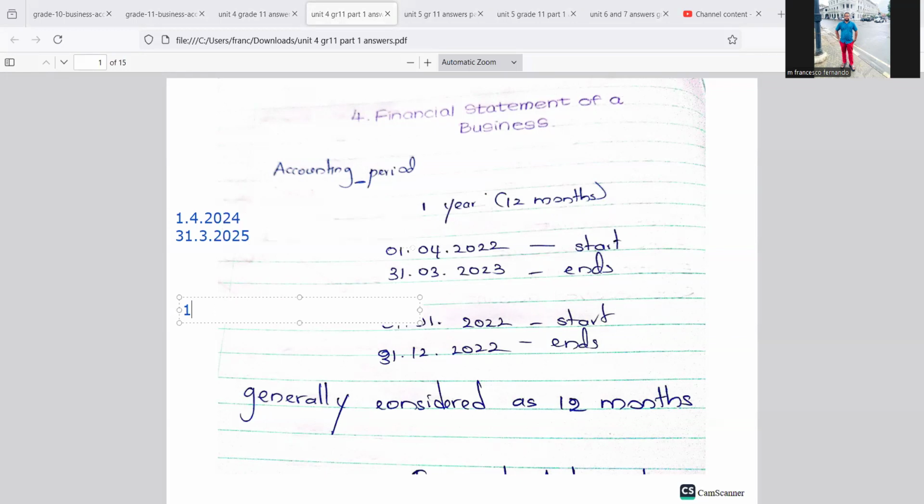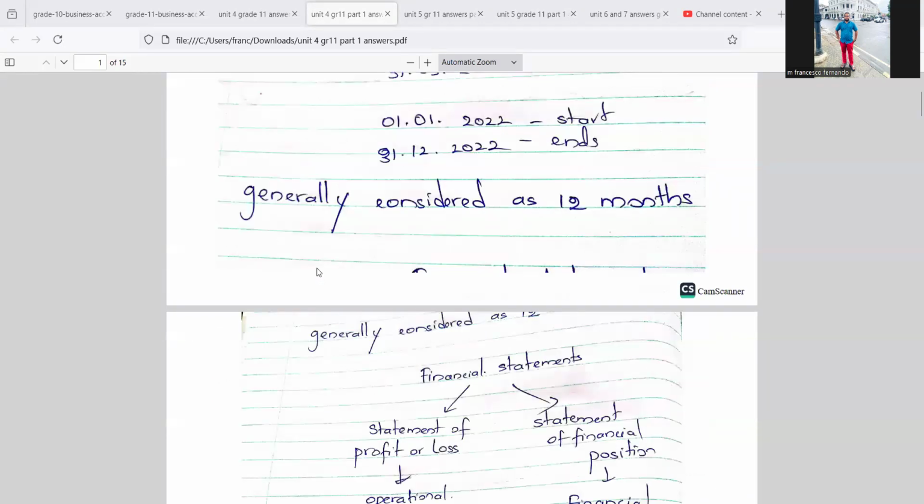But if it starts on 1st January 2024, the period will end in that year itself, that is on 31st December 2024, right? 1st April 2024, it will end on 31st March 2025. 1st January 2024, it will end on 31st December 2024, right? So that is an accounting period.